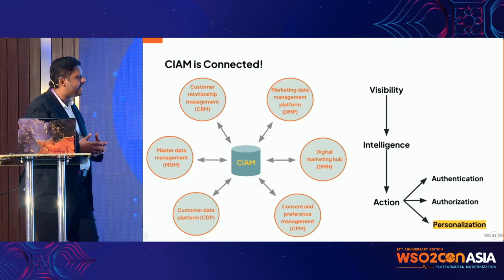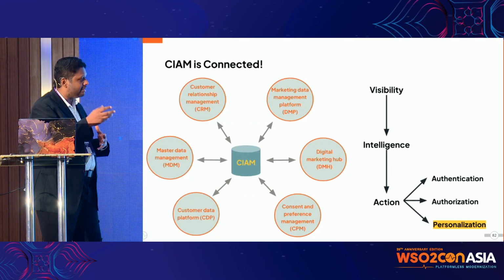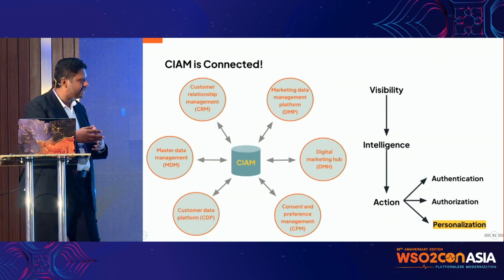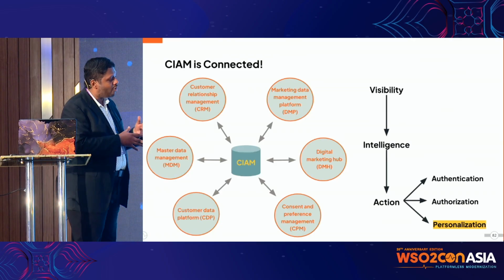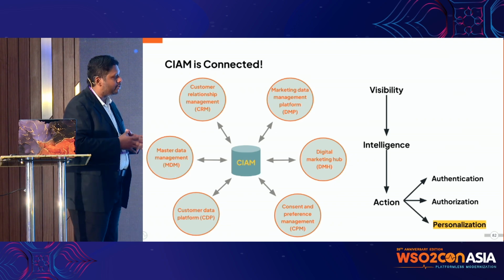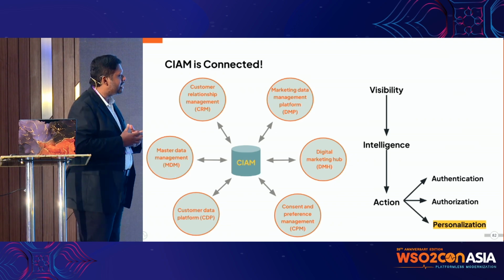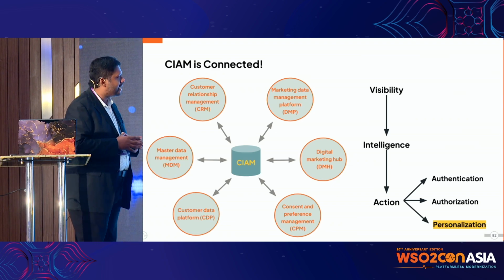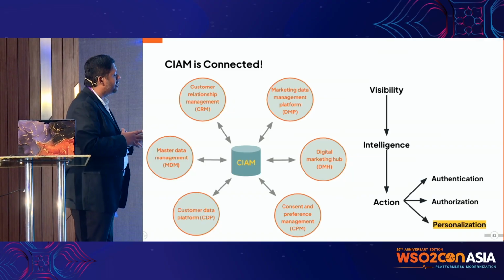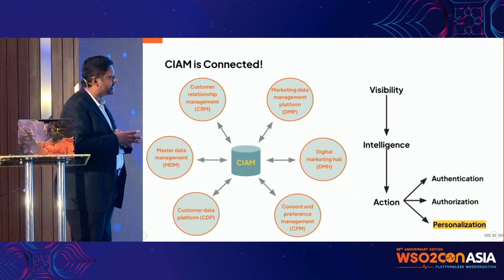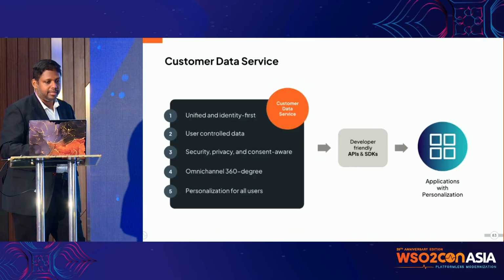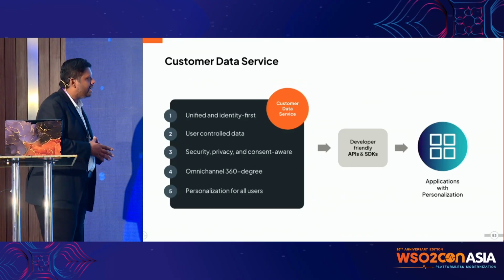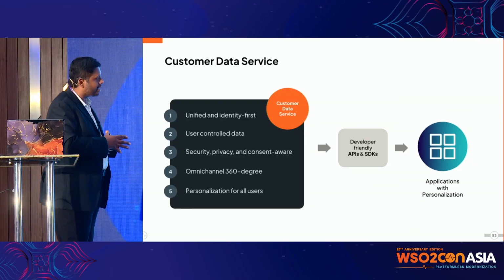When I say action, it can be making decisions in the authentication flow, making decisions in the authorization flow, and more importantly, personalization. You can personalize the experience based on the identity data that you have in different silos, by integrating that identity data and providing a personalized experience to the customers. On that front, more recently we have started this effort.